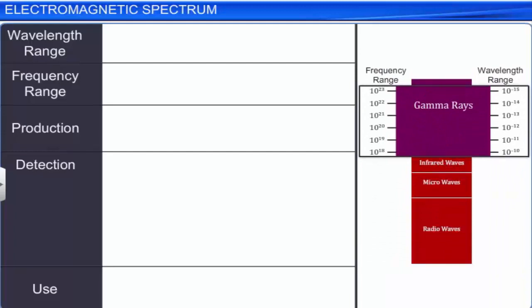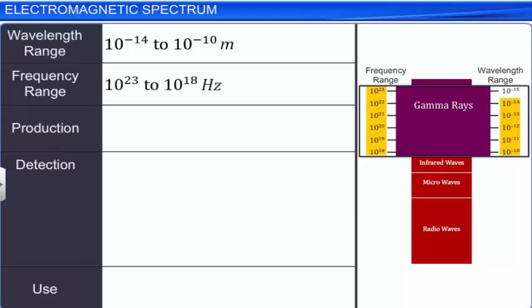In the electromagnetic spectrum, gamma rays have wavelength in the range of 10 power minus 14 meter to 10 power minus 10 meter. Frequency range of gamma rays is from 10 power 23 Hz to 10 power 18 Hz, which lies in the upper frequency range of the electromagnetic spectrum.